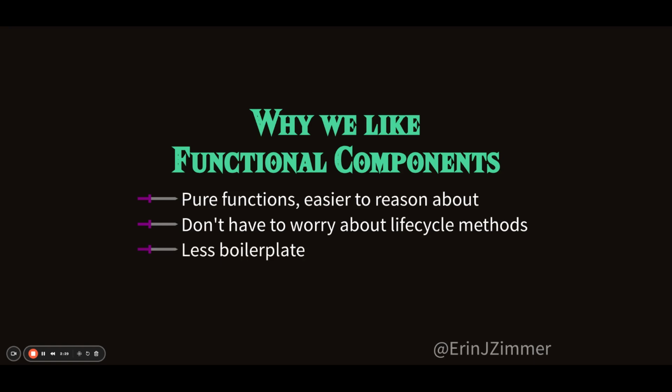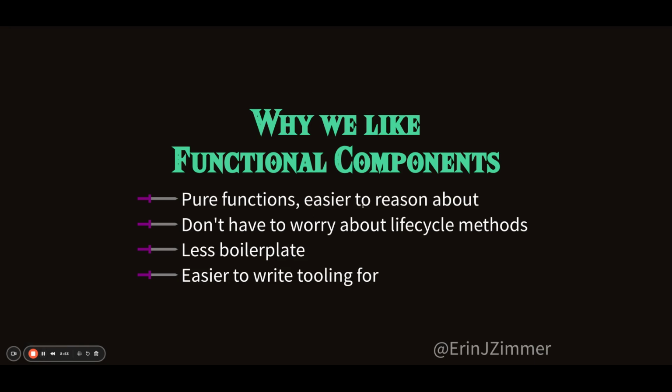Thirdly, functional components have less boilerplate. Because of the way that the this keyword works in JavaScript, if you're writing classes where you need to pass around callbacks, you need to write a whole bunch of boilerplate code, and it's very boring. And finally, the React team claims that functional components are easier to write tooling for, and they would know, right?